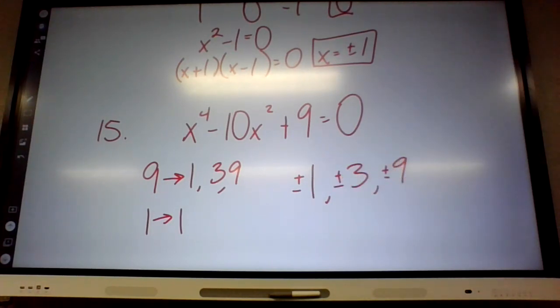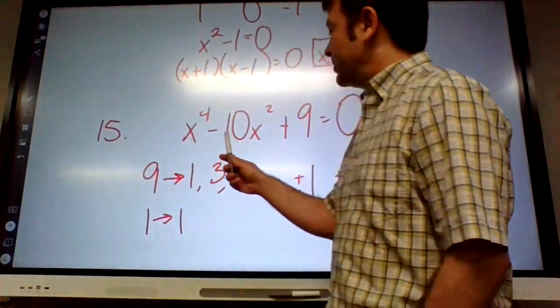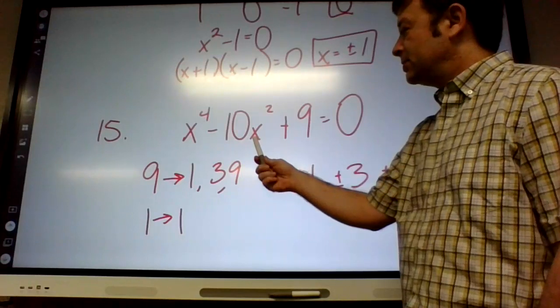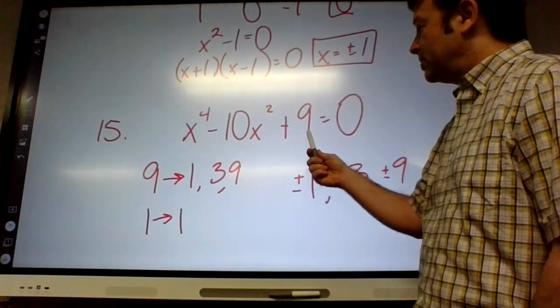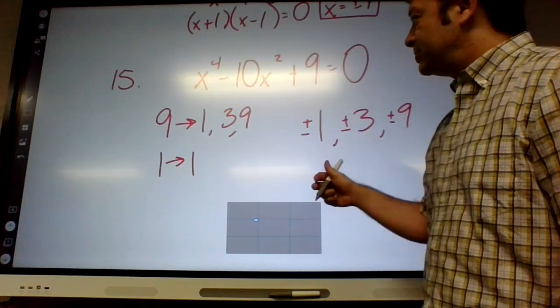So we've got 6 options. Well, which is probably the easiest one to check? 1. Okay, so if I plug in 1, I get 1 minus 10, negative 9, plus 9, 0. So 1 is a solution.